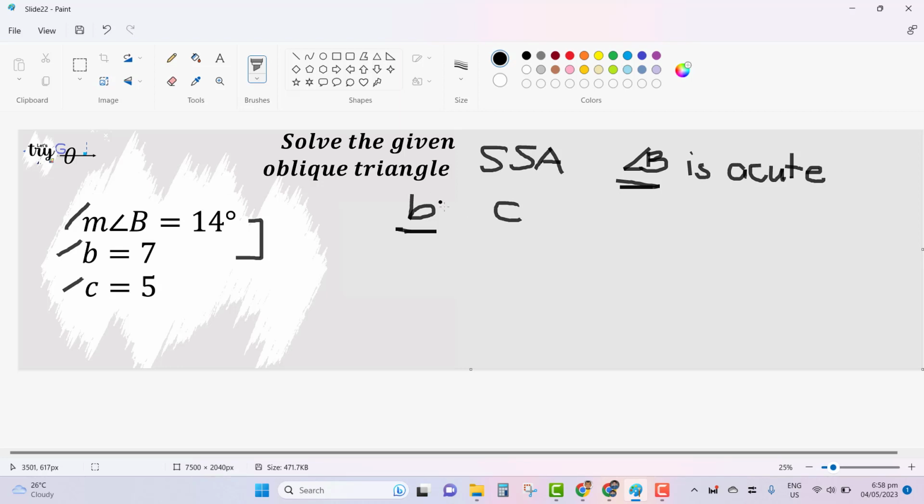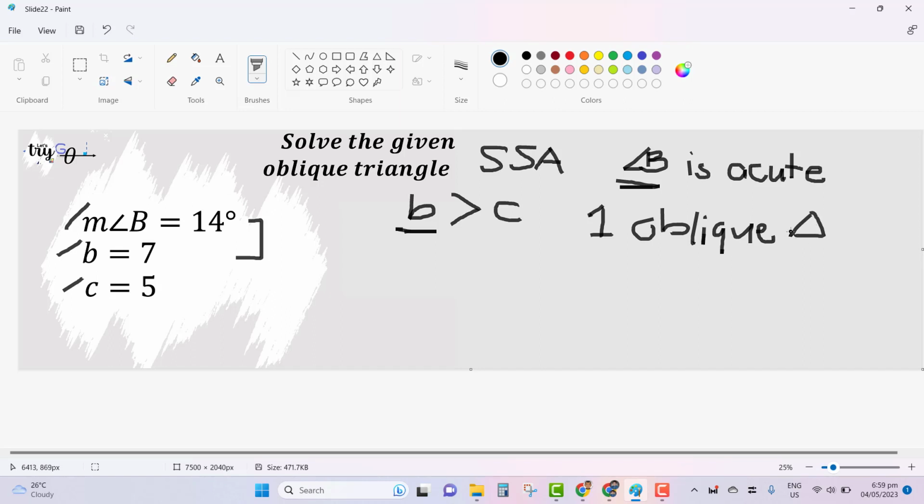If side B, which is the side opposite the given angle, is longer than the other side, this is the time that we can say that there's only one oblique triangle that can be formed. That is the given situation.